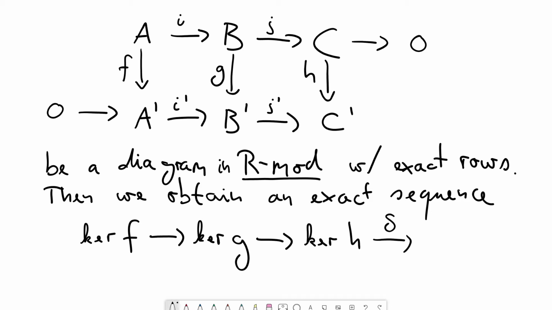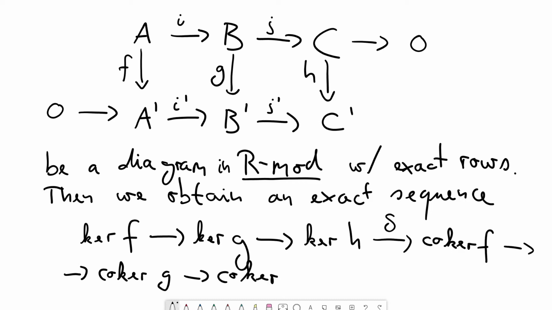Now from the kernel of H to the co-kernel of F. And from there, the exact sequence keeps on going to the co-kernel of G, and finally to the co-kernel of H. Yeah? So the statement of the lemma is that this sequence of R modules is exact everywhere.